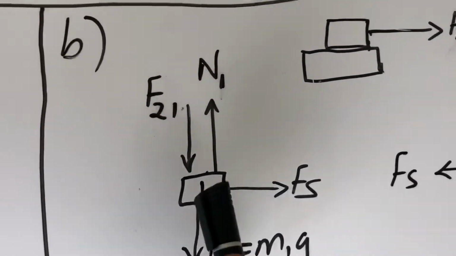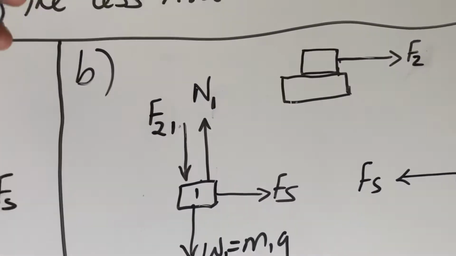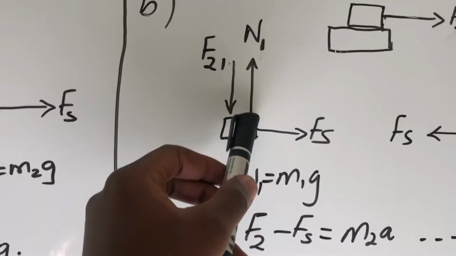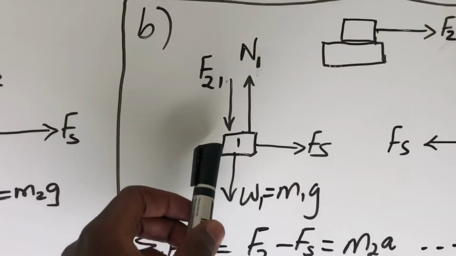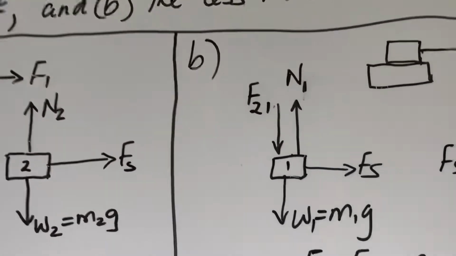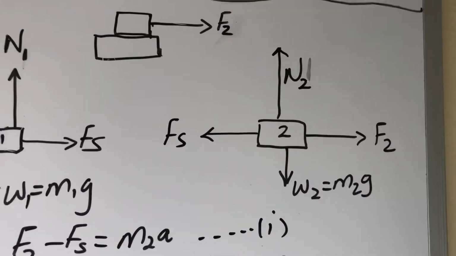So that's why you see me having Fs going this side, and then we've got our normal reaction. Remember, this is for block 1, the bigger block, this one. So you've got your normal, the force applied by block 2 on block 1, and then your weight.